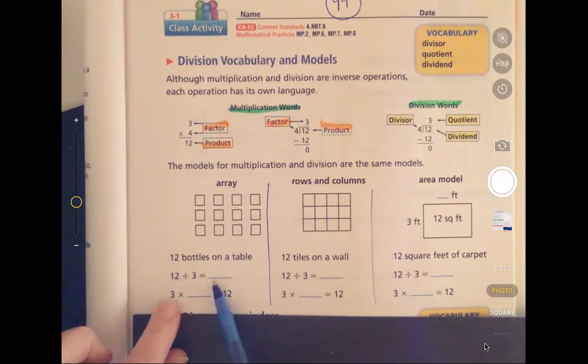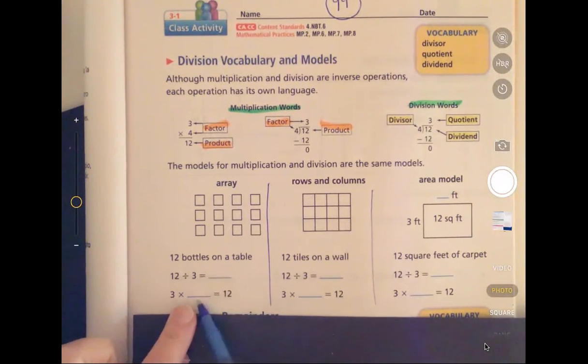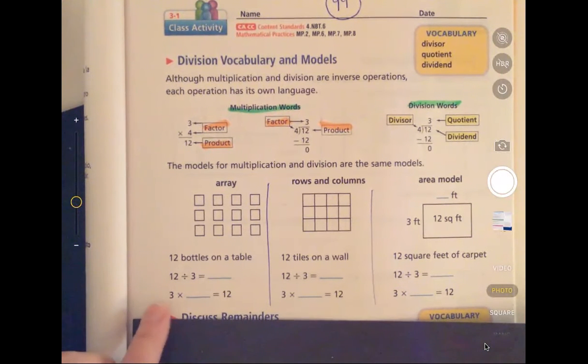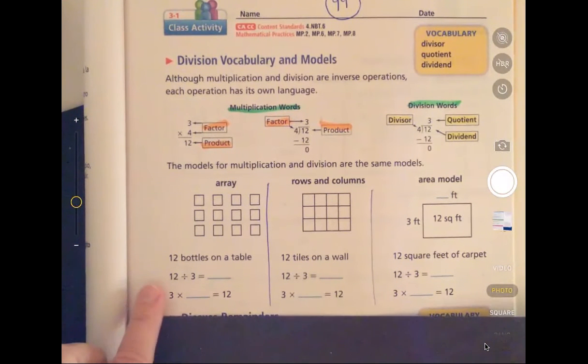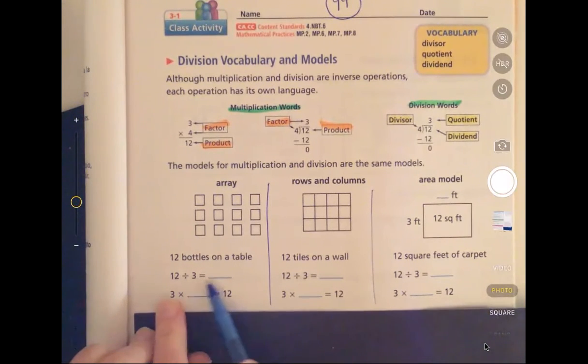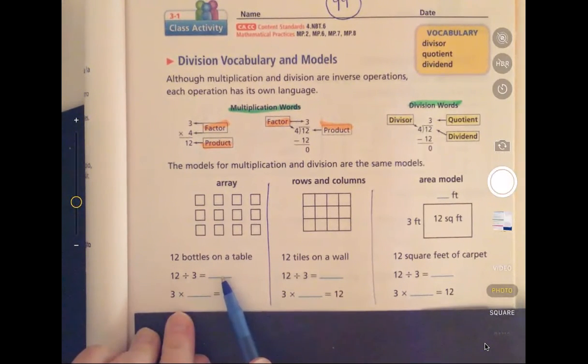Or we can say 3 times what? So here we're missing that number, right? We have a quotient and a divisor that are missing when we're doing multiplication, or excuse me, gosh, I'm mixing it all up, aren't I? When we're doing division, we are missing the divisor right here.